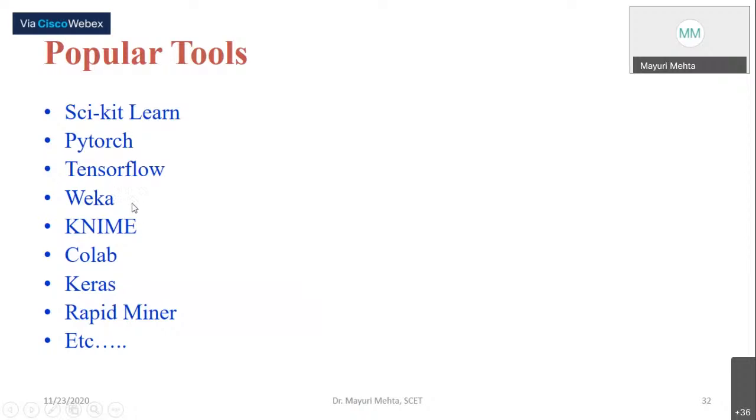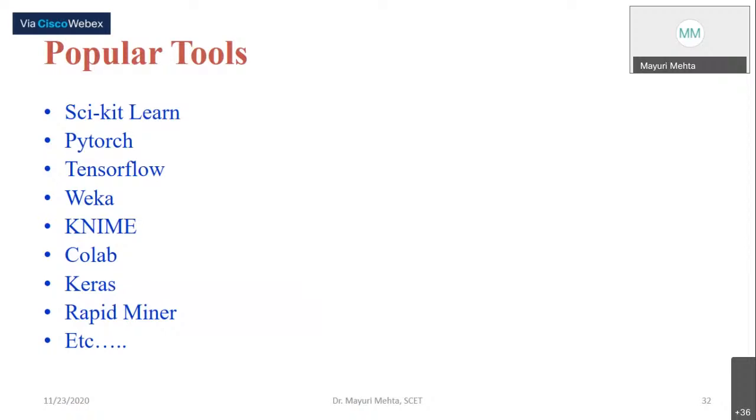Among these tools, TensorFlow has been very popular today. TensorFlow and Keras: Keras is more suitable to build deep learning models, and TensorFlow is also a good choice to build machine learning and deep learning models. So I would like to discuss TensorFlow, which I usually prefer to implement machine learning models. TensorFlow is a Python library.